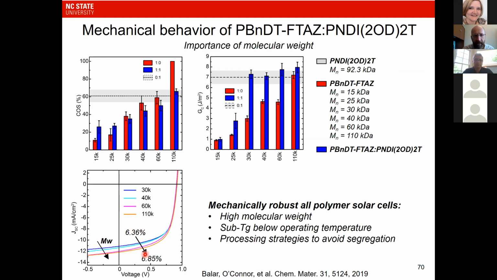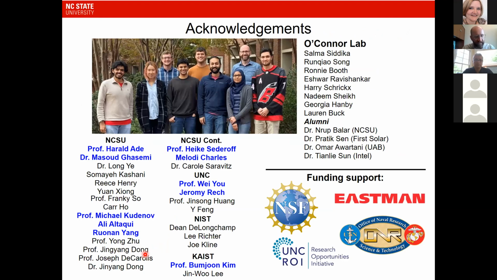I'd just like to quickly acknowledge folks and collaborators who made this work possible. So this is the lab group here. A lot of the diffusion stuff I mentioned for the solar cell stability was with Harold Ade in the physics department and his student who's now a postdoc, Masoud Gassimi. A lot of the mantis shrimp work was done with Mike Kudanov in the electrical engineering department and his students Ali and Ronanen.